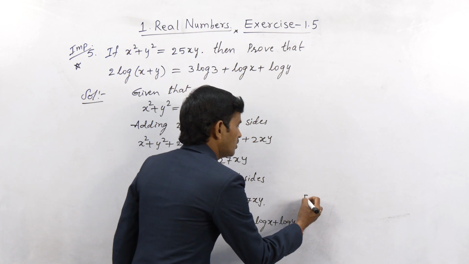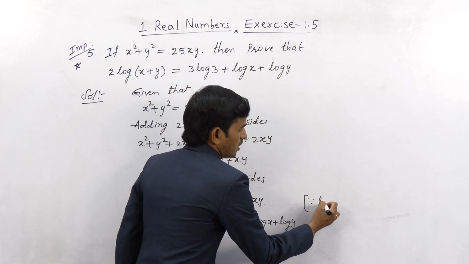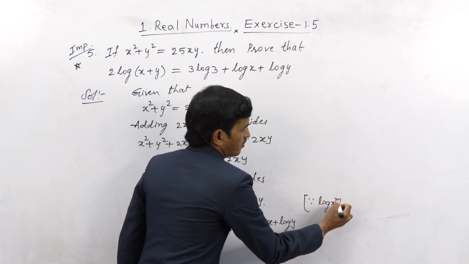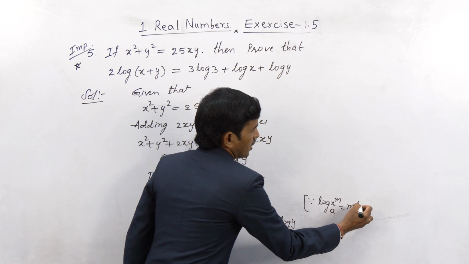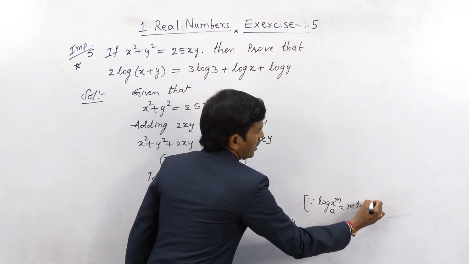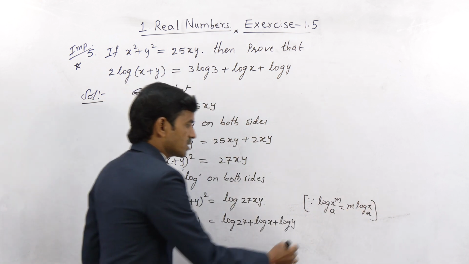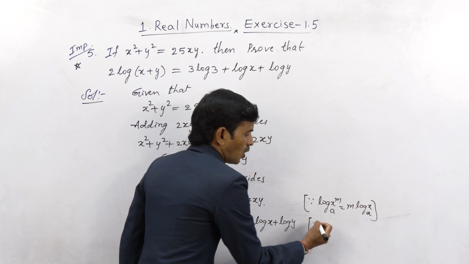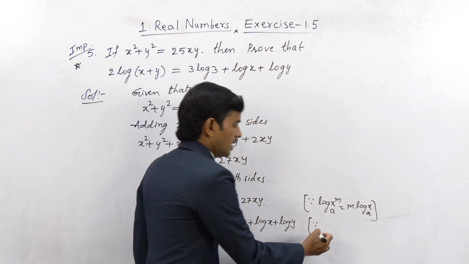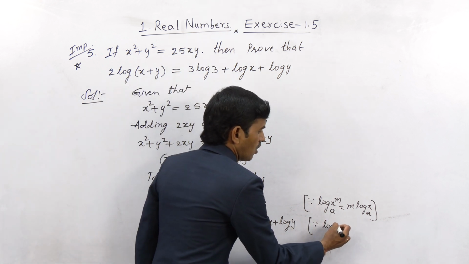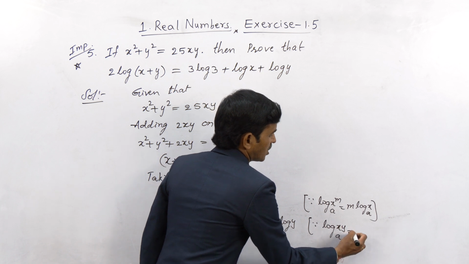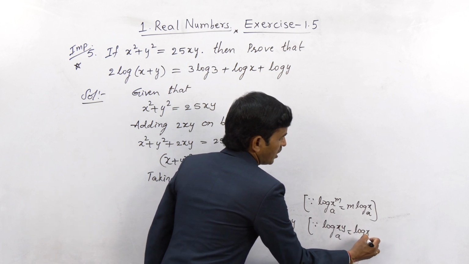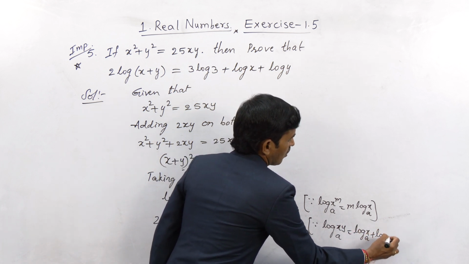Based on these two conditions, that is log x power m to the base a is equal to m log x to the base a, and next, the product rule we applied here, that is log xy to the base a is equal to log x to the base a plus log y to the base a.